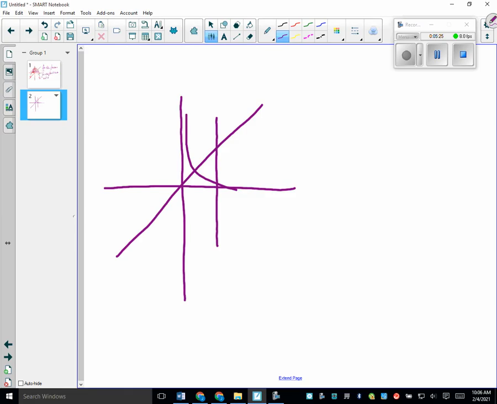So what I want to find is this little area in here, right? Why is that one? Now it doesn't touch the x-axis.